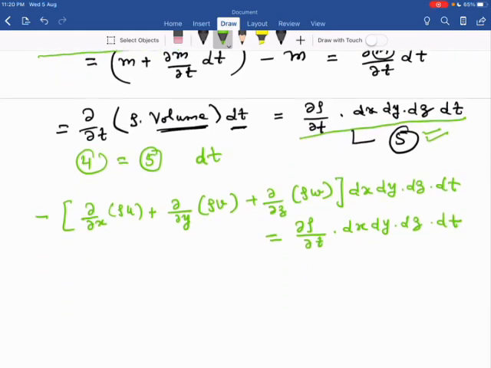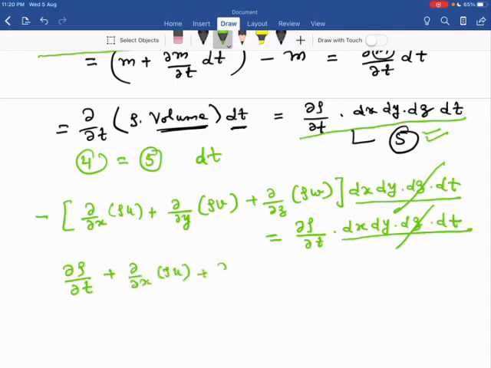Now you see this term cancels with this term. So now we are left with ∂ρ/∂t, then you rearrange the terms also, plus ∂/∂x of ρu plus ∂/∂y of ρv plus ∂/∂z of ρw equal to 0.